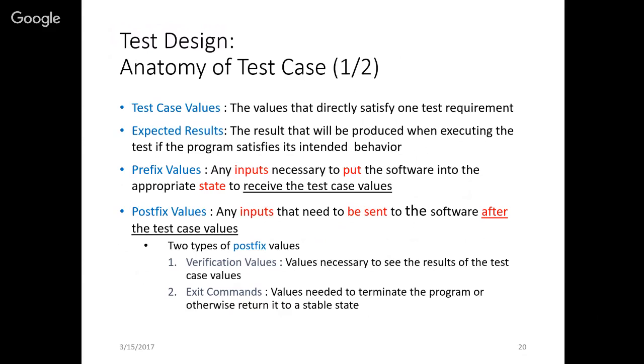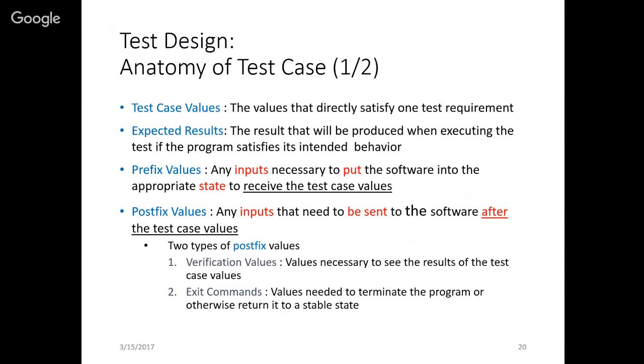So we have test case values, expected results, which we already covered, prefix values, and postfix values. Prefix is any input necessary to put the software into the appropriate state, and postfix is any input that needs to be sent after the test case values. There are two types of postfix: verification values and exit values. Verification values are necessary to see the results of the test case values, such as truncating; at the end, say, okay, I rounded this.